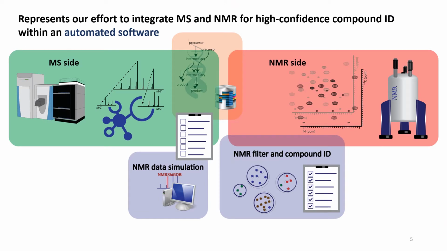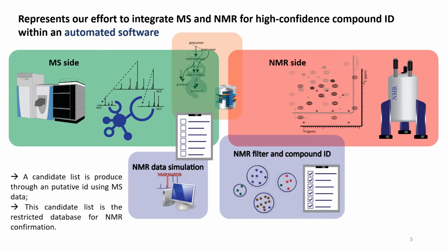So this is the overall scheme that represents our effort to integrate mass spec and NMR techniques to reach high confidence compound identification in one automated software. The goal is to generate a list of most probable occurring compounds within a mixture.